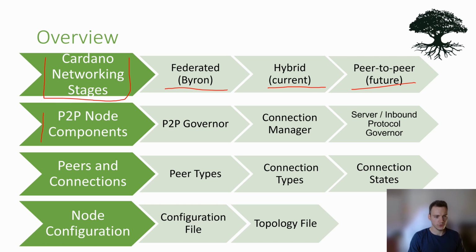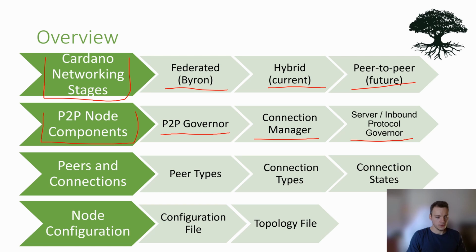We'll then move on to peer-to-peer node components, which are the software components that make peer-to-peer networking possible, and these components are included in the Cardano node. These include the peer-to-peer governor, the connection manager, and the server and inbound protocol governor, which we can group into one component for now.